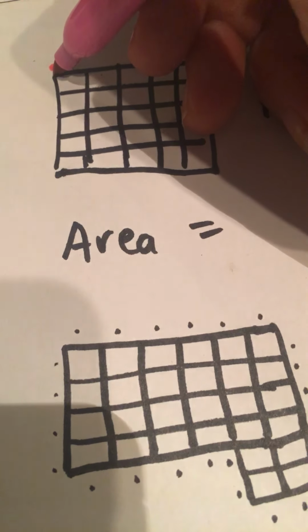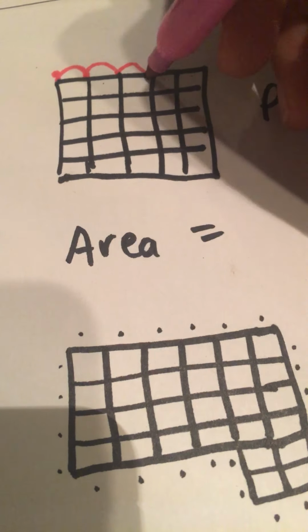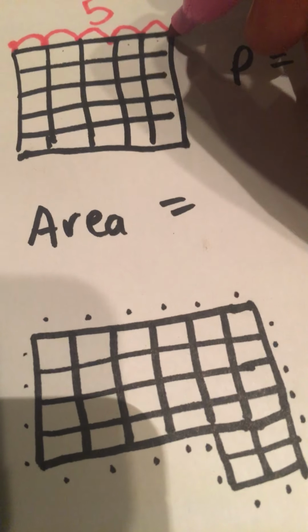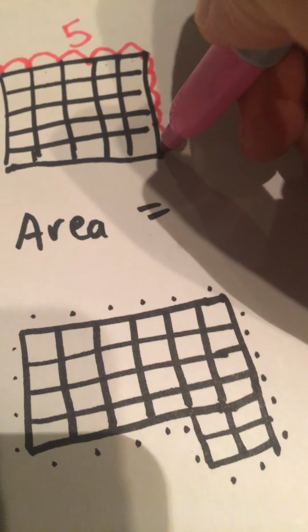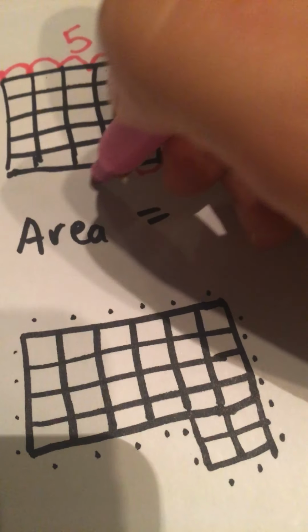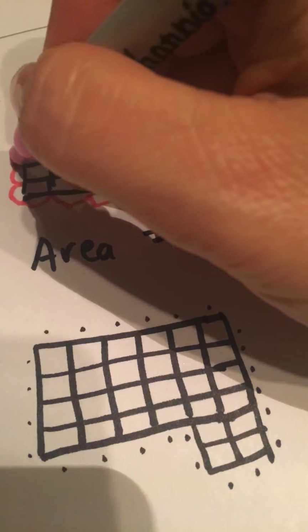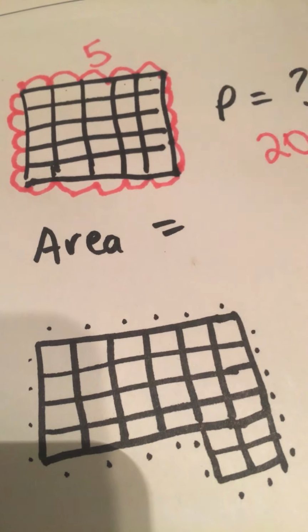From here to here is 1. That's 1, 2, 3, 4, 5. So there's 5 here. And then 6, 7, 8, 9, 10, 11, 12, 13, 14, 15, 16, 17, 18, 19, 20. So your perimeter was 20 units.